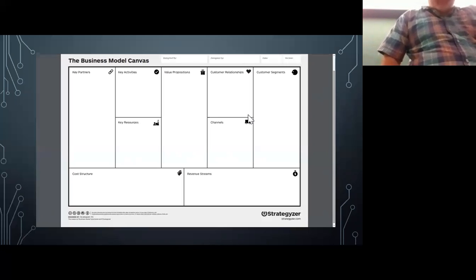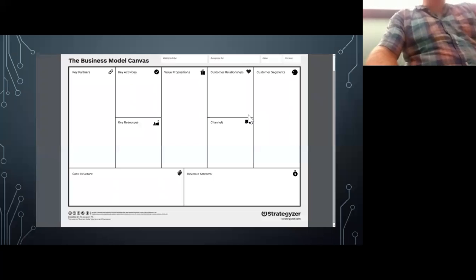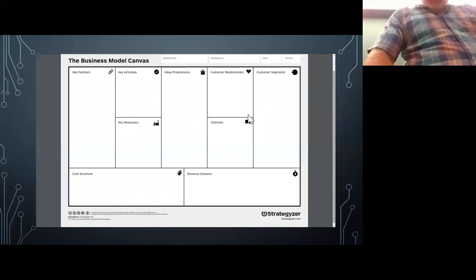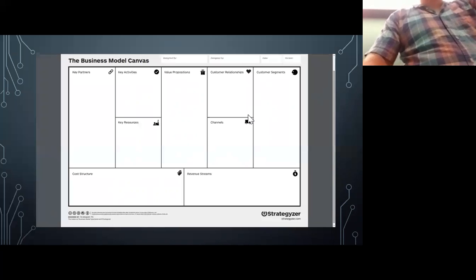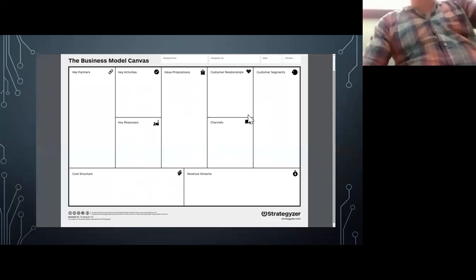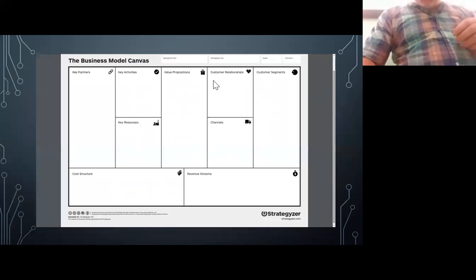Second table back, why don't you hit key activities? If you don't mind hitting key resources, we'll go on to value propositions with you guys. Sorry, you also get to do one alone. If you could do customer relationships, and then channels.